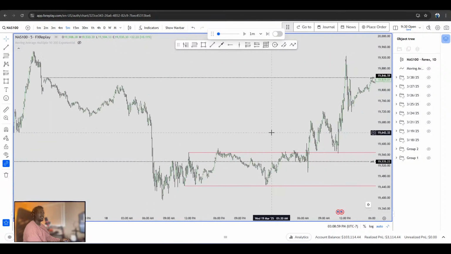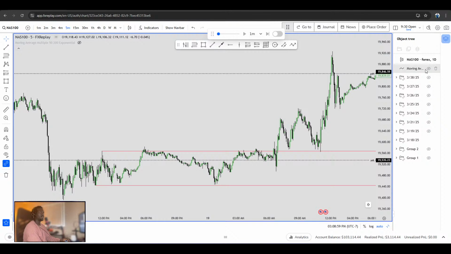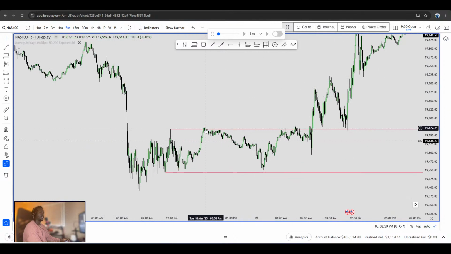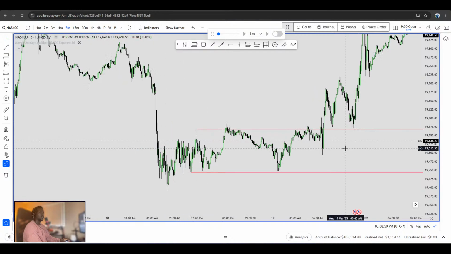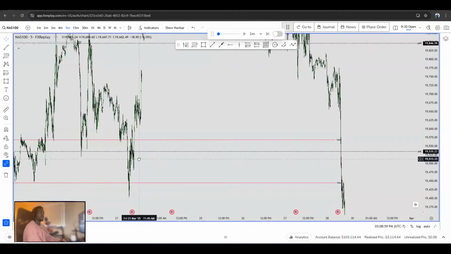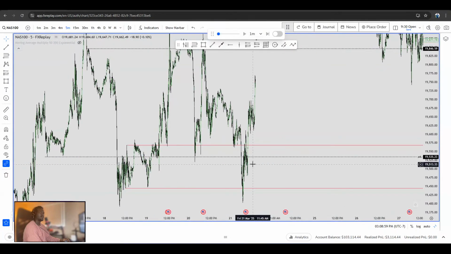so where are my entries? Oh, this is a no trade day. This was a no trade day, because no, we should have taken that trade. What in the world is going on here?